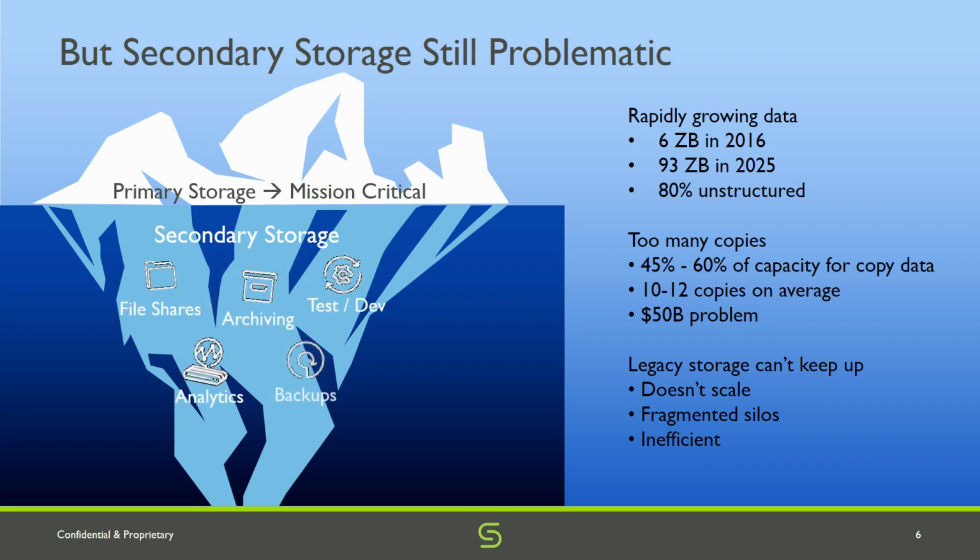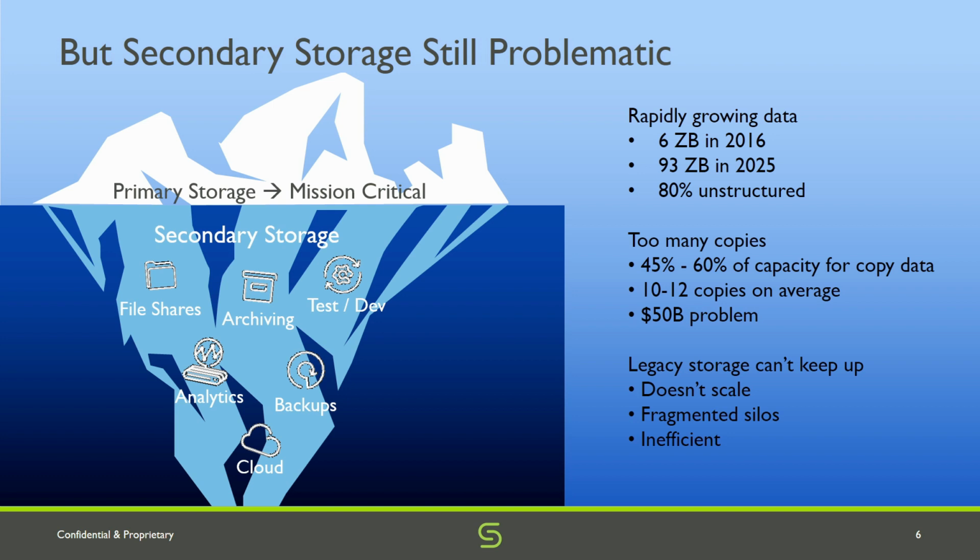The problem is as you look underneath the surface, at the space that we call secondary storage. This is all the storage that is not supporting mission-critical applications. That includes backups, archives, cloud gateways, files, test/dev systems, analytics storage, anything that's not actively running production apps.